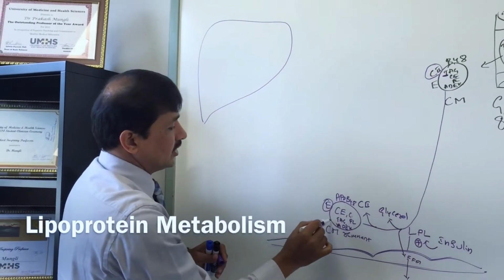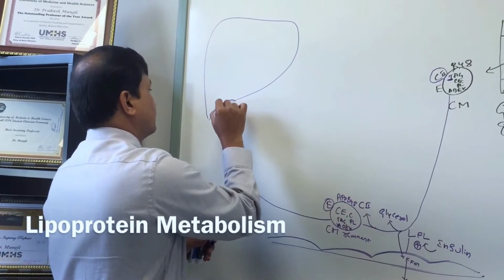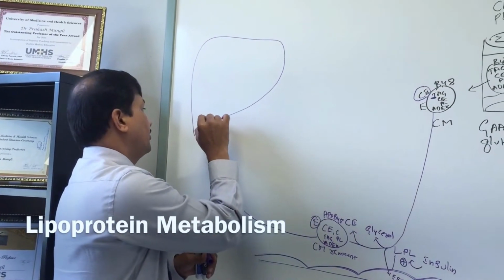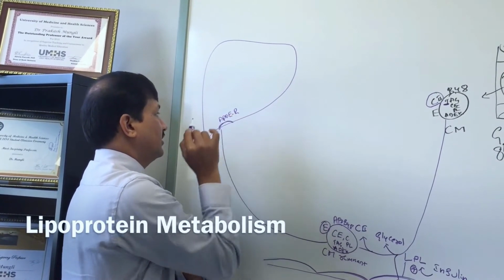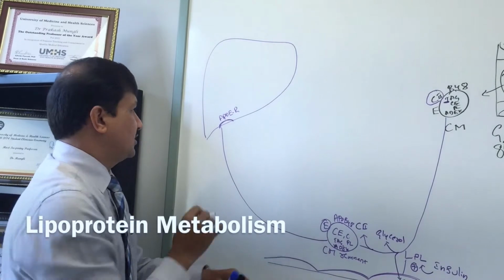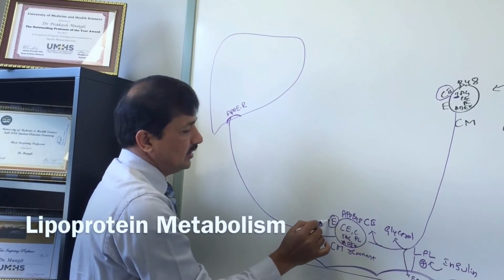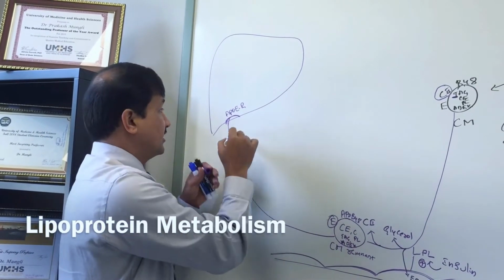The chylomicron remnants will be taken up by the remnant receptors present over the hepatocyte membrane. This receptor is the ApoE receptor. Chylomicron remnants will go and bind with the ApoE receptor. Basically, ApoE is recognized by the ApoE receptor and the remnant is internalized.